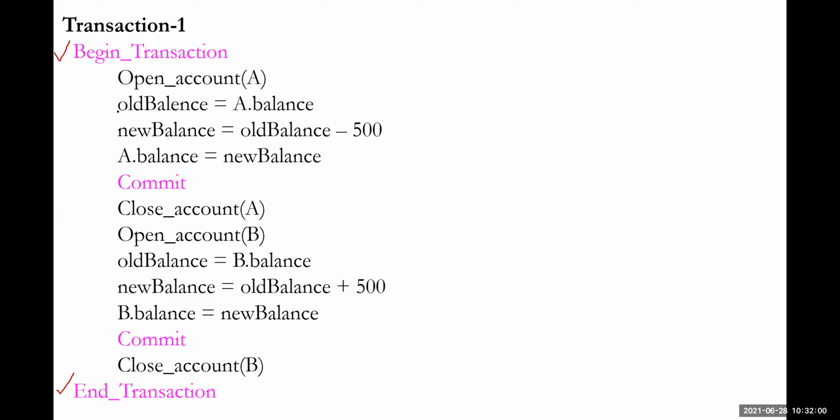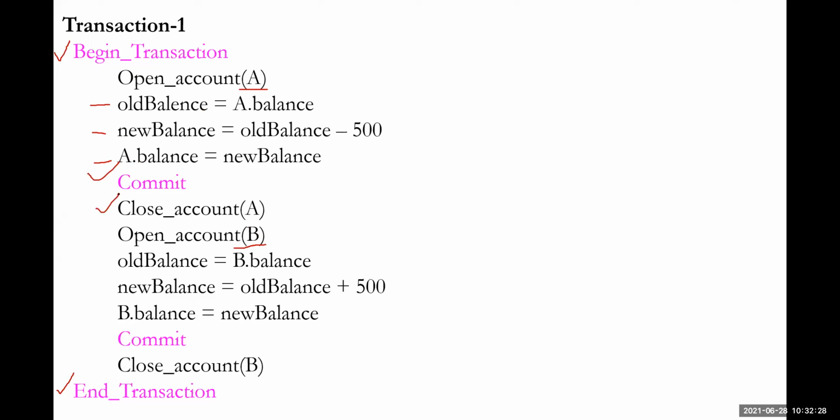Look at this. I wanted to perform a bank transaction from account A to account B, where 500 rupees will be transferred. How could this be done? You have to take the old balance, and the new balance will be equal to old balance minus 500. Then the old balance will be updated to the actual balance of account A, and then you commit it.